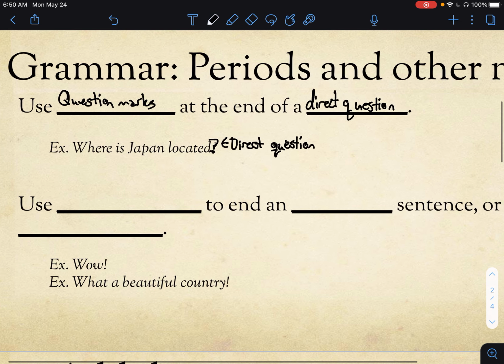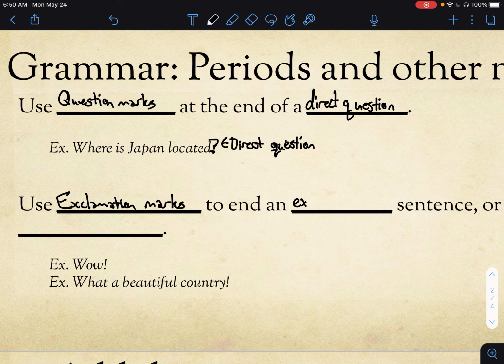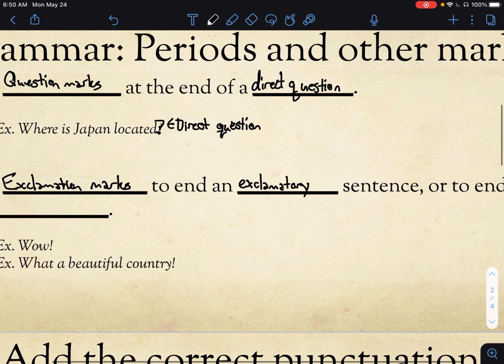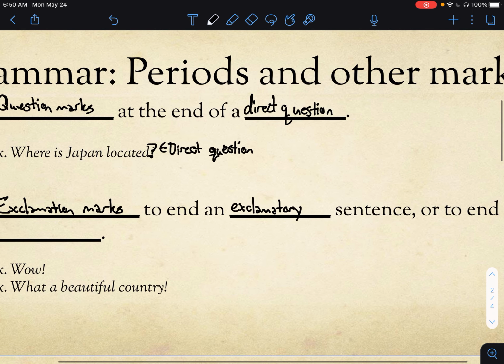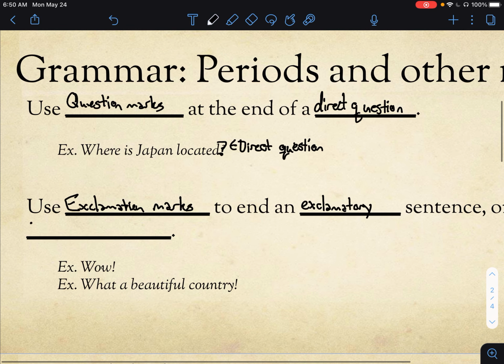And then last but not least, we are going to use exclamation marks to end an exclamatory sentence. Or the other way is to end a strong interjection. And I'll show you what I mean down below. Strong interjection.